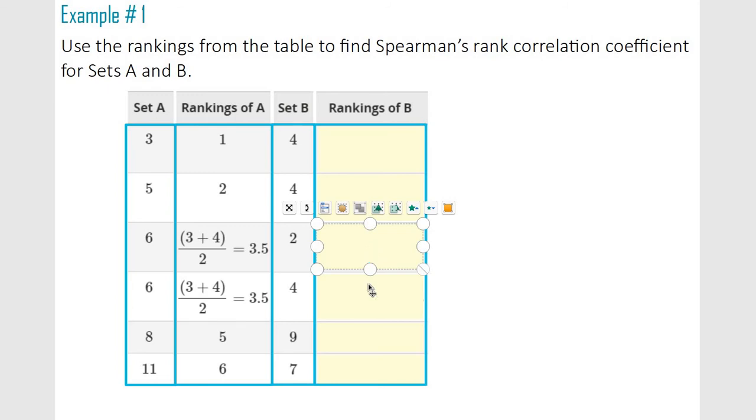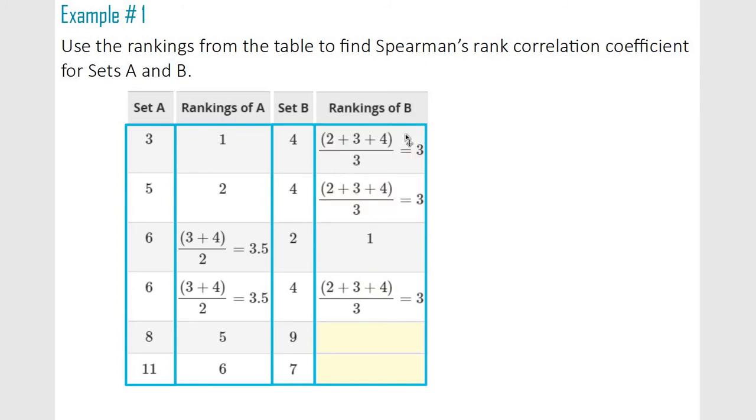So here we have 1st place. 2nd, 3rd, and 4th are all averaged, so they get an average of 3. And then you have 5th and 6th.